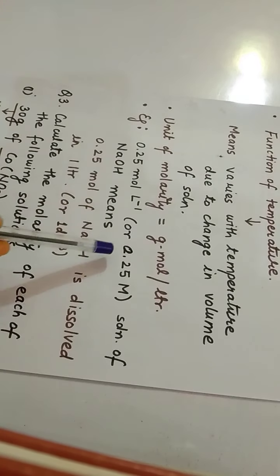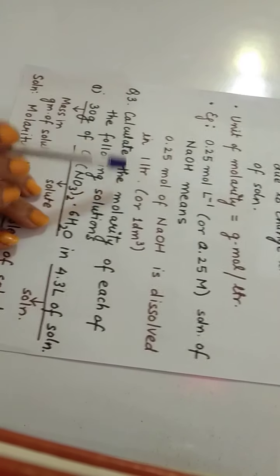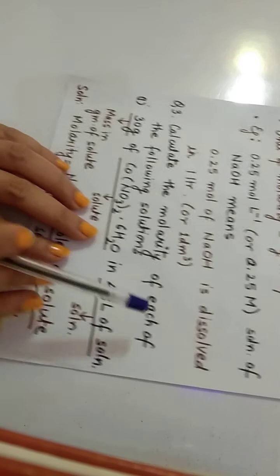So it means 0.25 moles of NaOH is dissolved in 1 liter or 1 cubic decimeter of a solution.